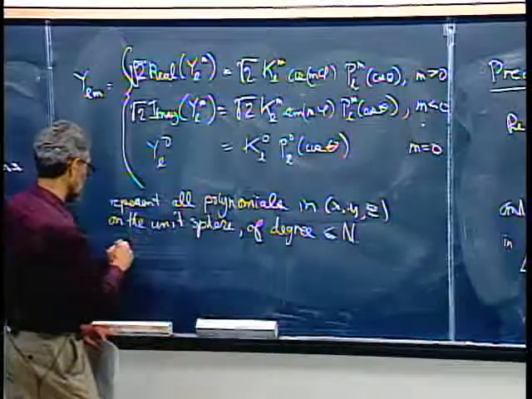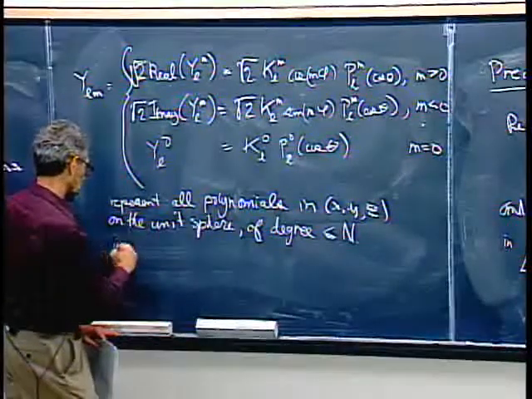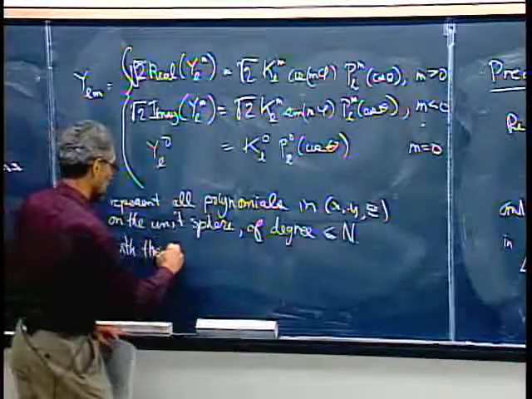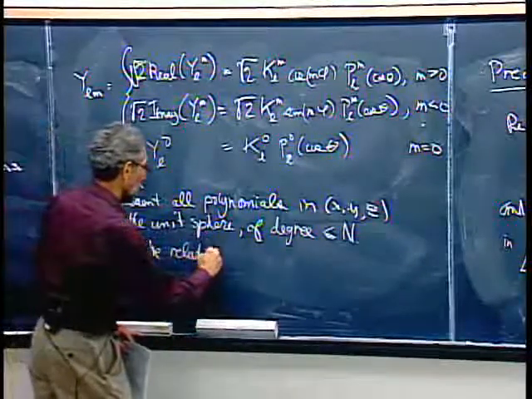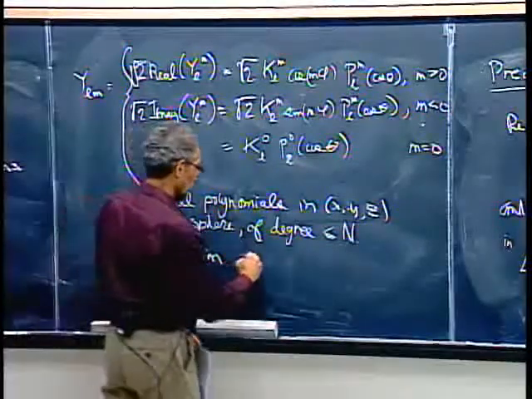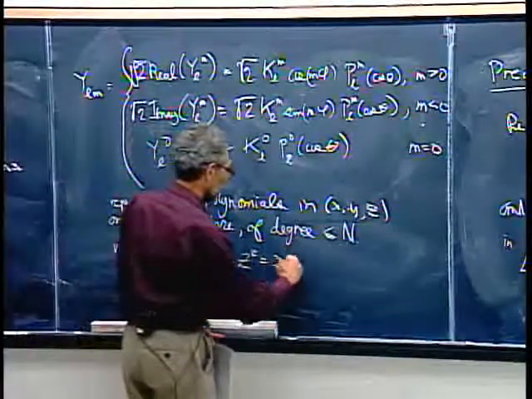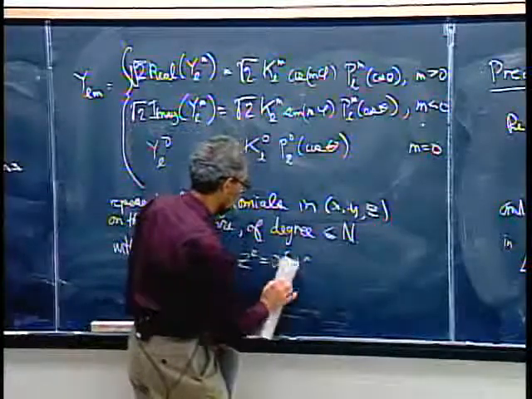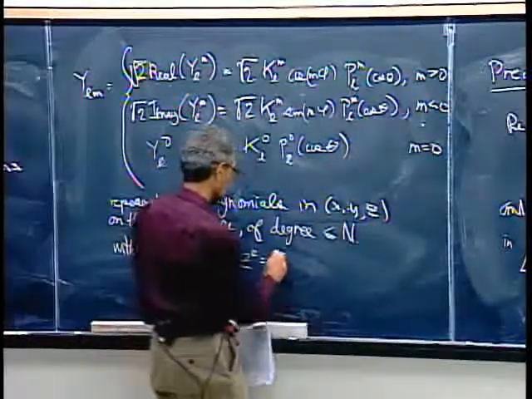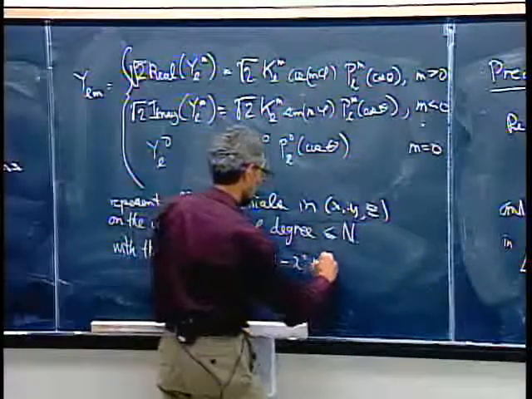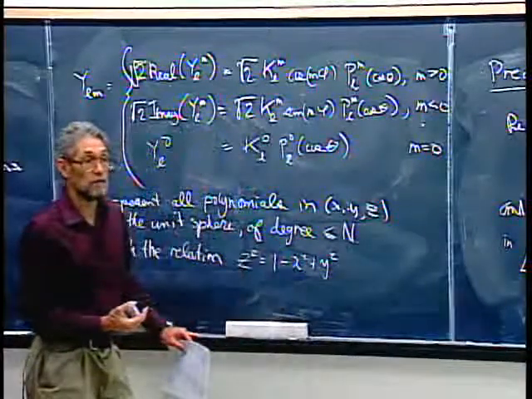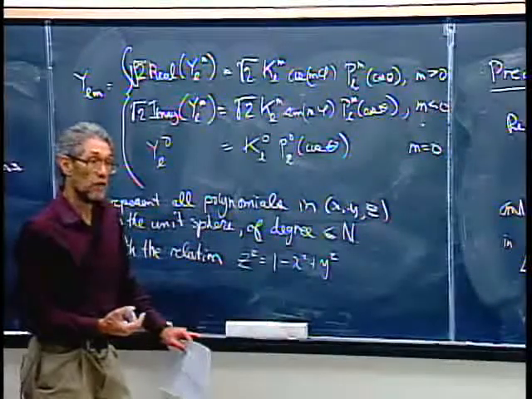But basically, with the relation z squared equals 1 minus x squared plus y squared, you can use this to eliminate all powers of z higher than 1.